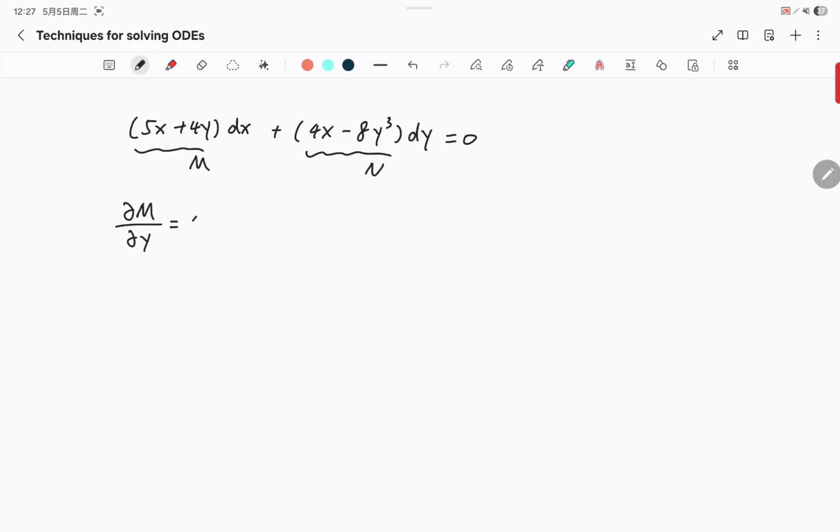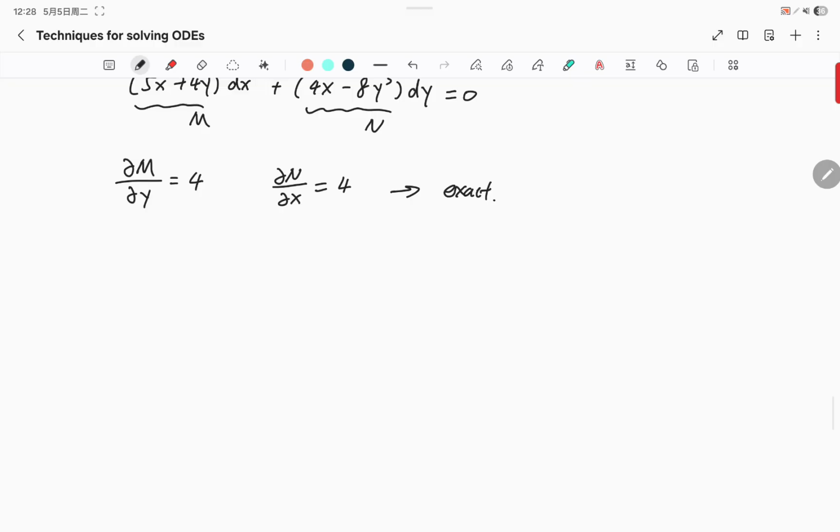So this is just 4, coming from the derivative of 4y. Same thing for x. If you see x, do a normal derivative. If you don't see x at all, ignore the term. This 4 comes from the derivative of 4x. So they are equal, so we can say they are exact. We don't call it the same, we call it exact.